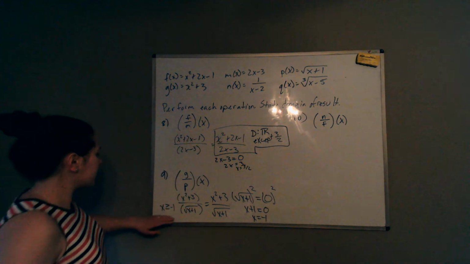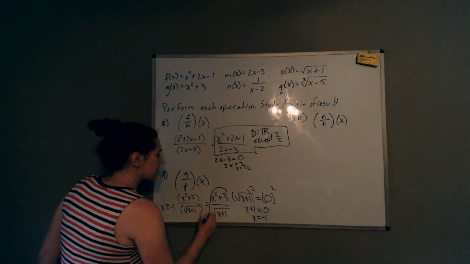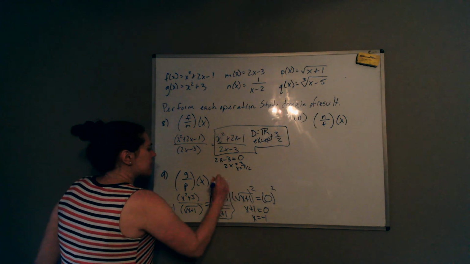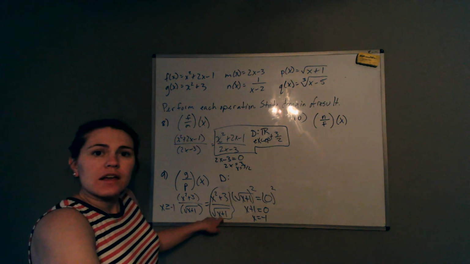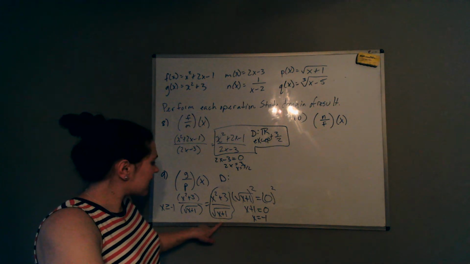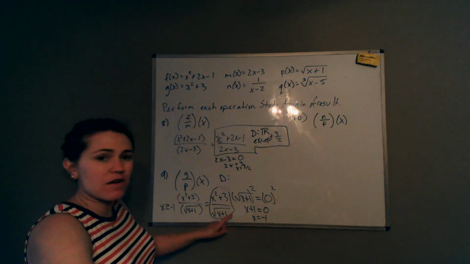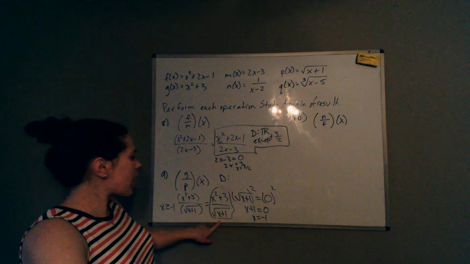So not only do we have to make sure for this expression right here that the radical, the square root, doesn't end up with a negative radicand, but because this expression is sitting in the denominator of a fraction, we need to make sure that this never evaluates to be 0 either.